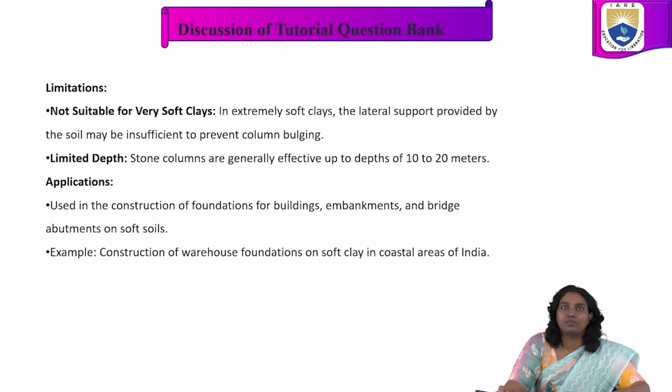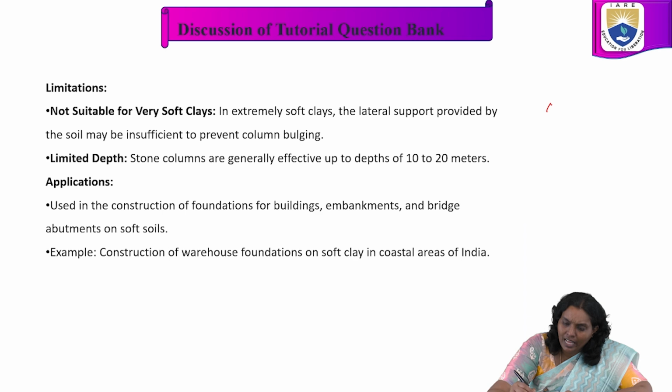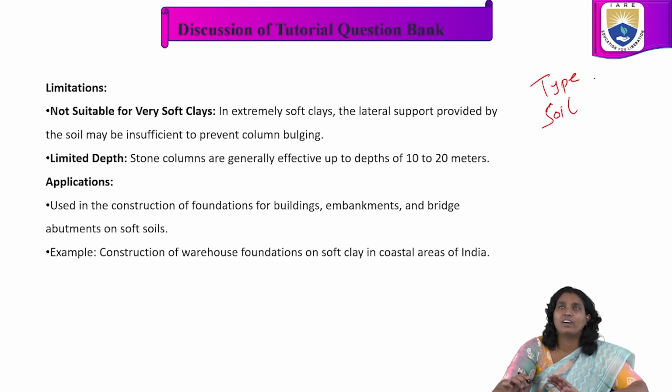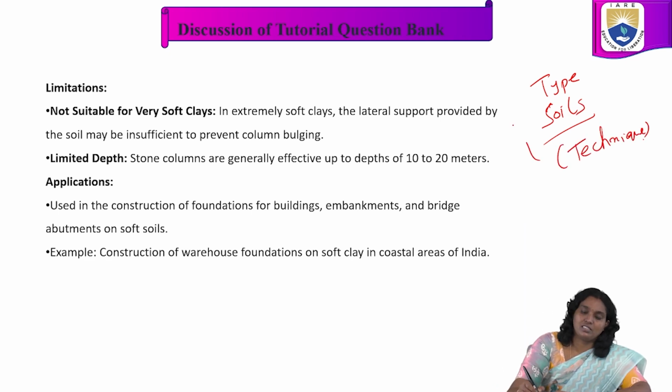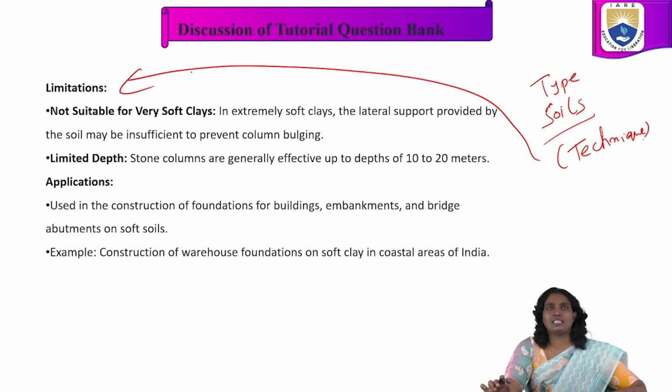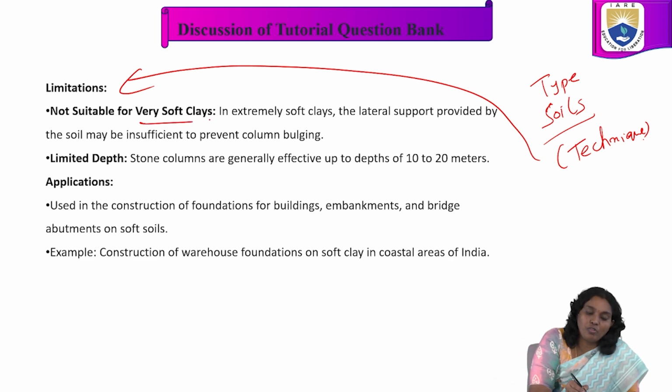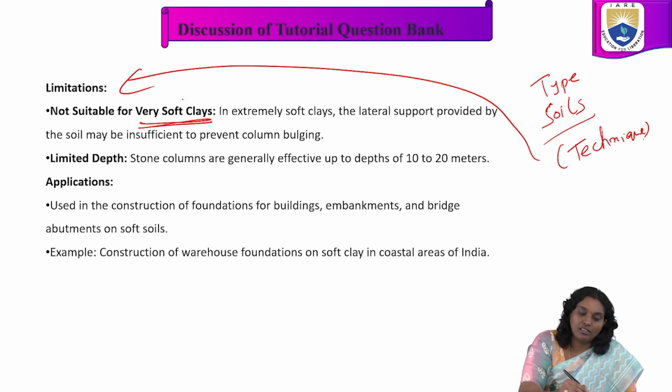In limitations, what type of soil? All kinds of techniques may not be suitable for all types of soils in most of the techniques, so we may write that in our limitations as a first point. We may mention which particular soil it is not suitable for.